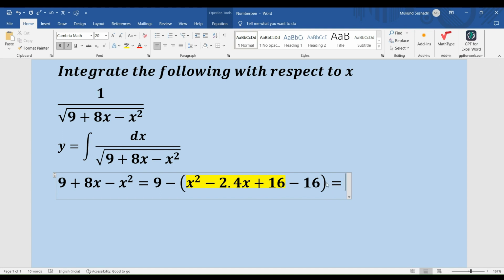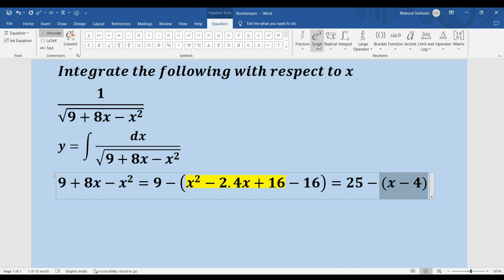My 9 minus 16, right, becomes a 25. And then I have a minus of x minus 4 the whole square, right? Which means my 25 is nothing but a 5 square, right? So I can rewrite this as 5 square minus x minus 4 the whole square, right?